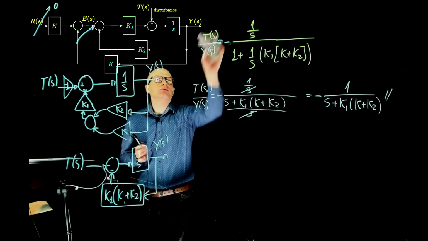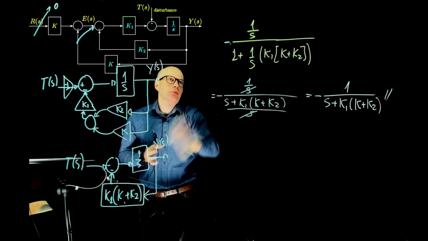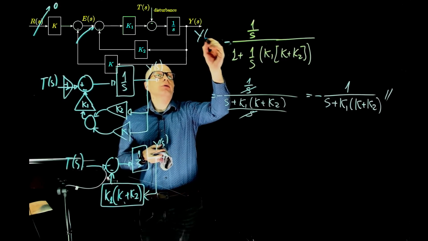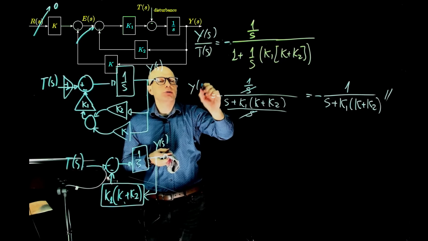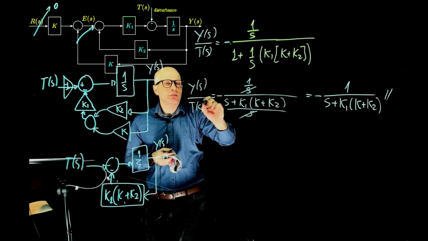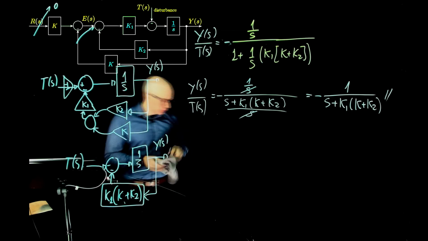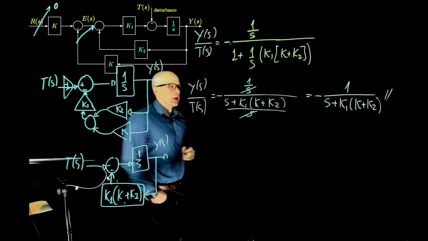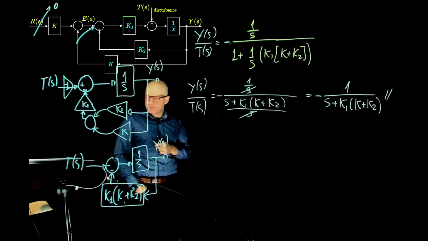Yes, I flipped it. It's Y over T, sorry. Output is always divided by input. Output is Y, input is T. Sorry about that. Good catch.